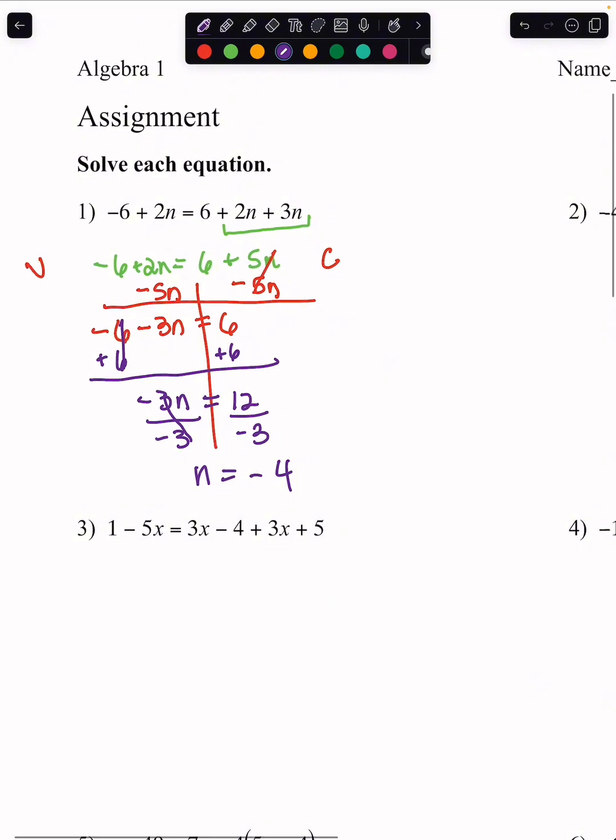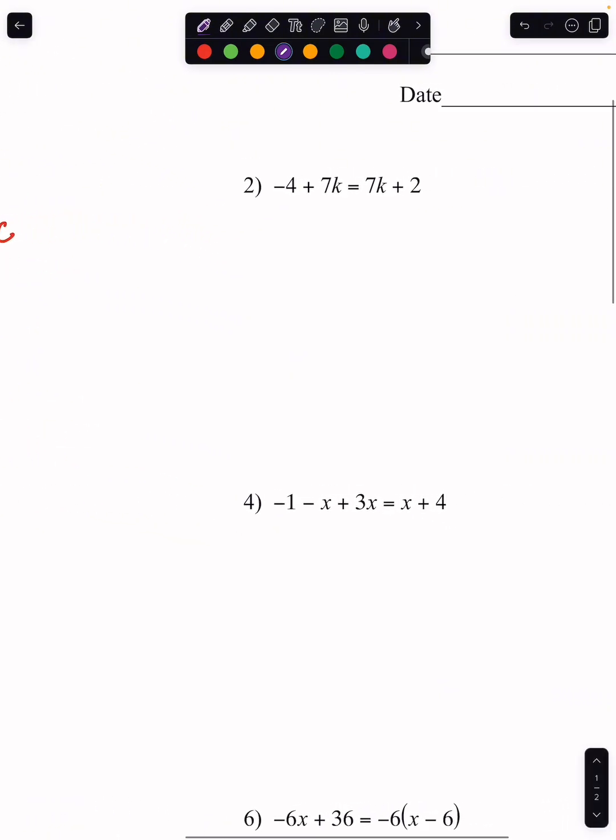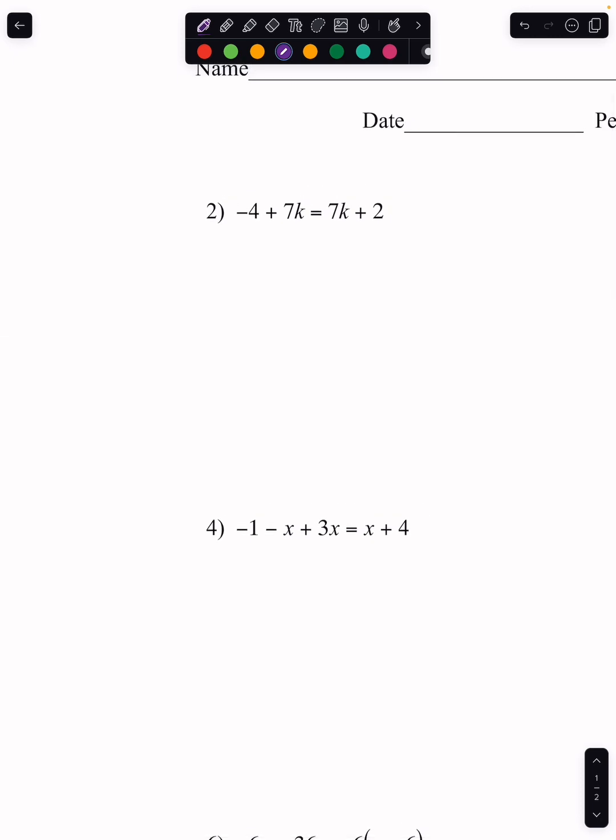So let's do the next one. Is there any combining that needs to happen? No. All right, cool. So now we can go straight for it. I want all my variables on one side and all my constants on the other side. Let's put my variables over here, constants over here. I'm going to start by adding 4 to both sides, because it doesn't matter which way you do it. 7k equals 7k plus 6.